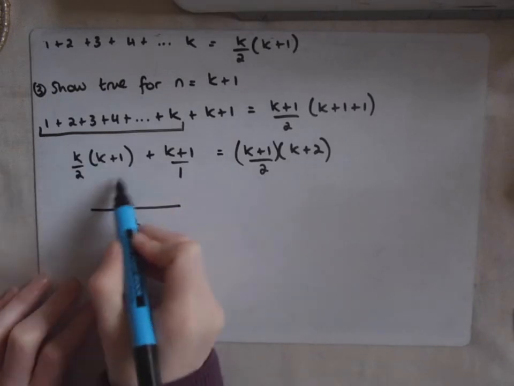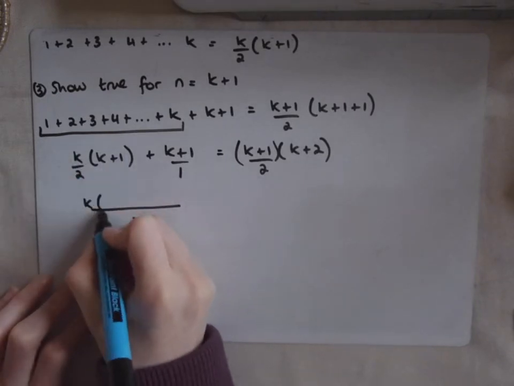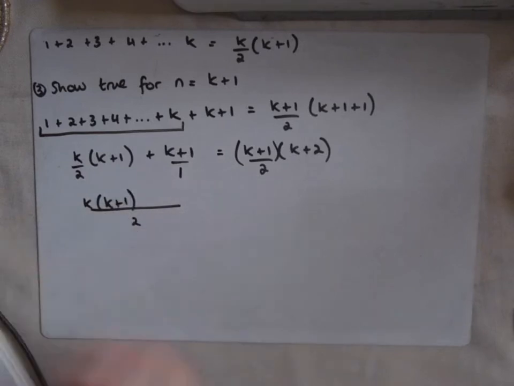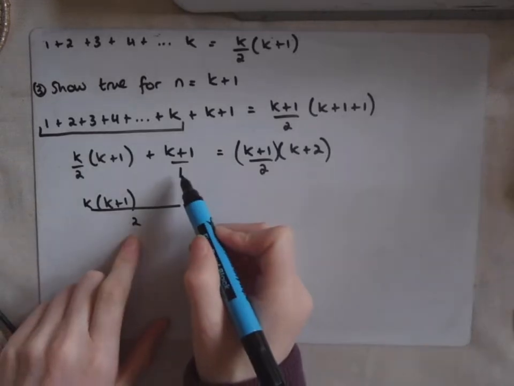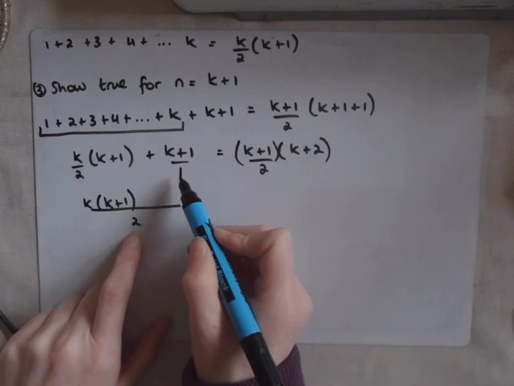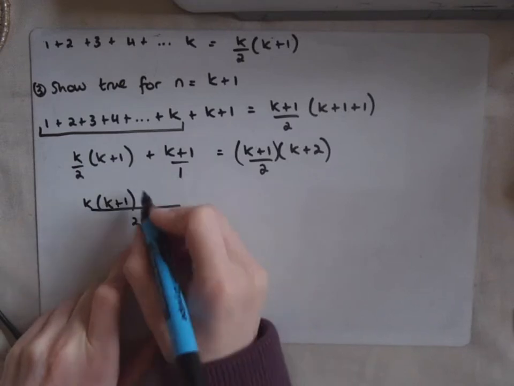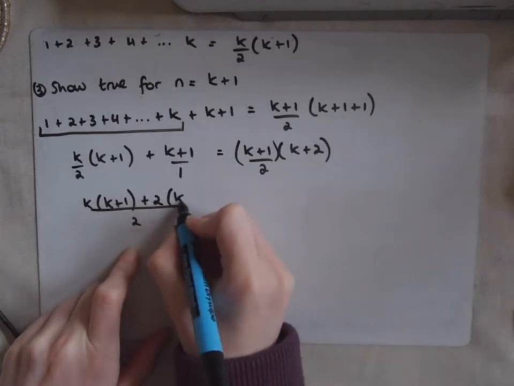Now, this already has a denominator of 2, so I'm just left with that. Okay. Here, to get my common denominator, I'm just going to multiply a 2 here by k plus 1.